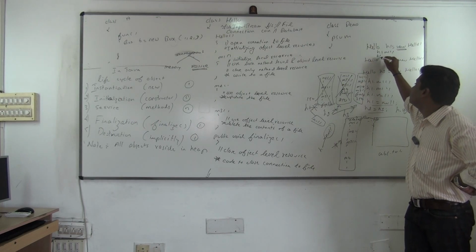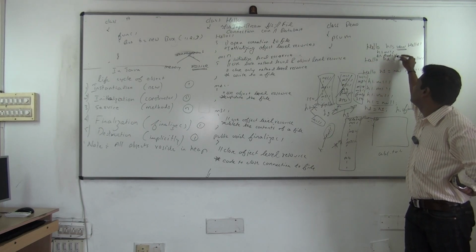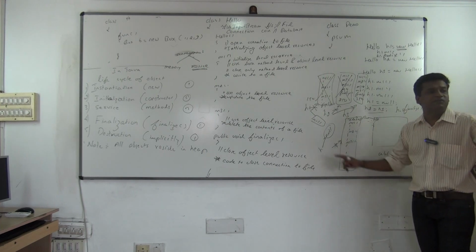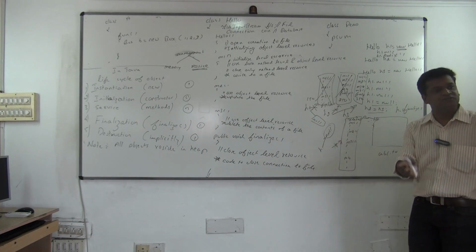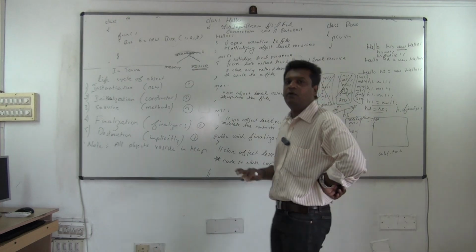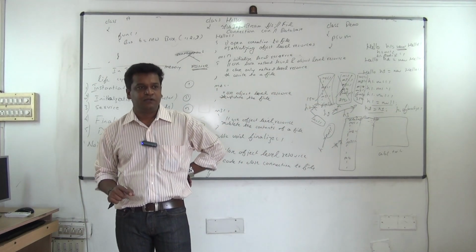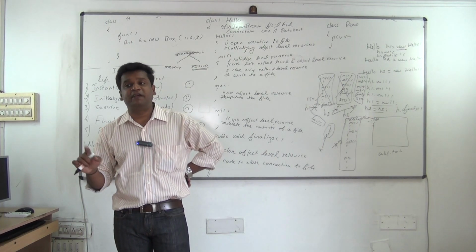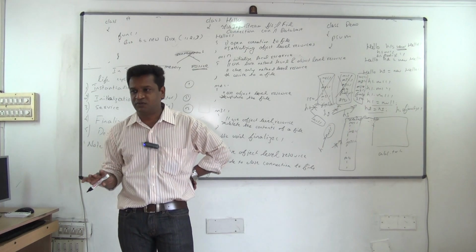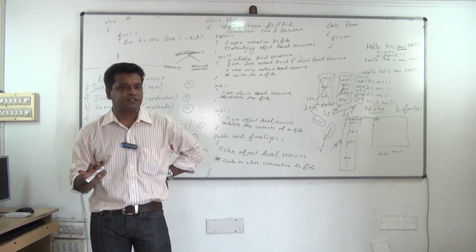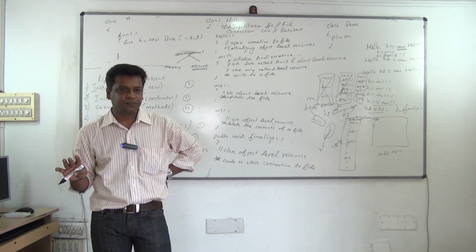But after calling, I'll say h1.finalize. I can call it. Once I call h1.finalize, what happens? The finalize method completes execution. The resource is closed now. Now how will I call the m1 method? The resource is closed, I cannot use the resource. So calling the finalize method explicitly by the developer will only close the resources, but will not destroy the object, or dereference the object either.